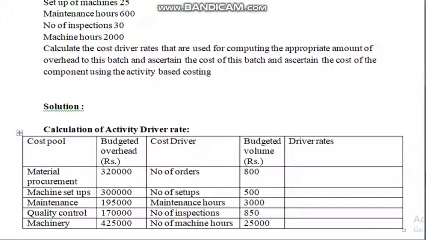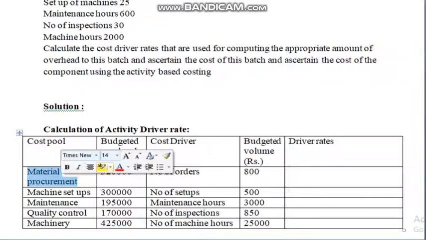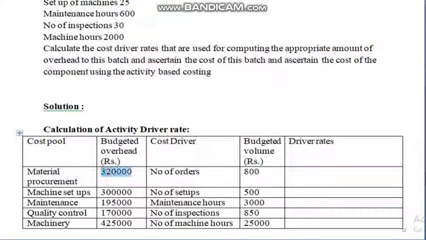So this is the solution. First cost is material procurement cost. How much? Rupees 3,20,000 is the material procurement cost and this is based on number of orders. How many orders? 800. So the cost per order will be rupees 400 per order.